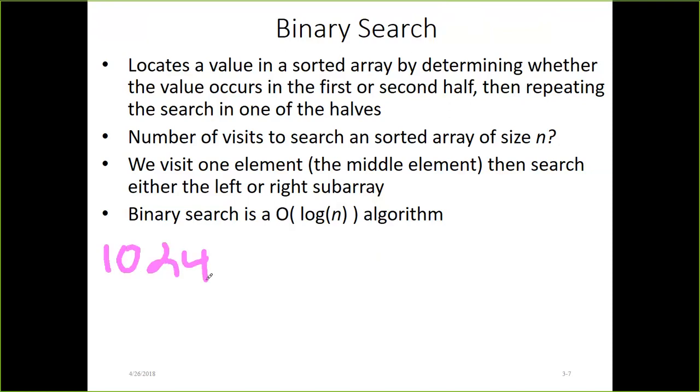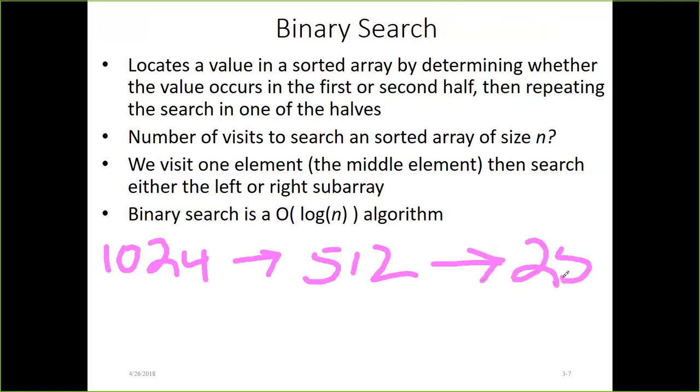If you have 1024 elements in a list, the binary search algorithm will make it half in the first search. Then your size will be reduced to 512. In the next iteration it will be reduced by half again, to 256, then 128, then 64.